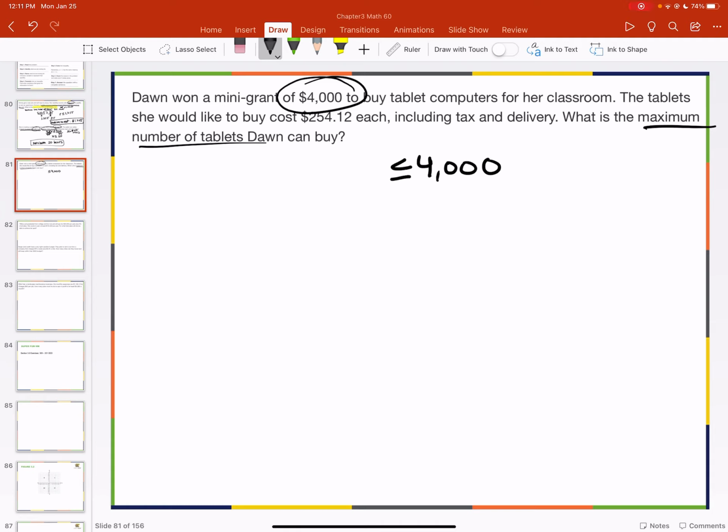She cannot afford it. So the tablets cost $254.12. Oh, sorry, this is a 5. Let me erase it. $254.12. Let X equal the number of tablets. So 254.12 times X represents the amount of money that she spends for the tablets, and then the maximum value of that is 4,000.